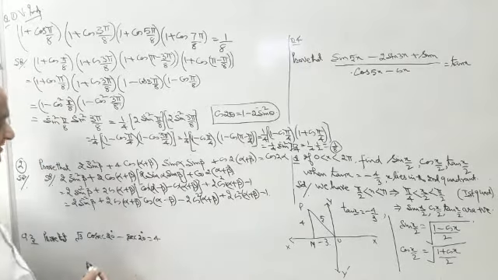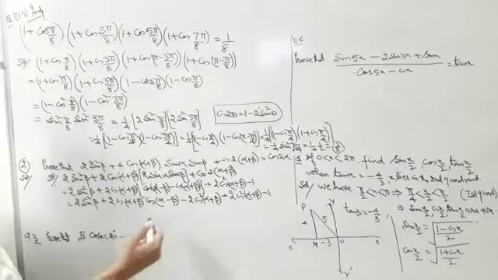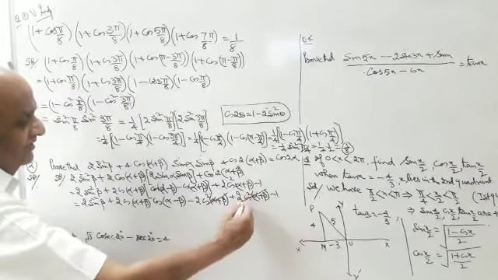Now, what is the position here? 2 cos square alpha plus beta will cancel out.